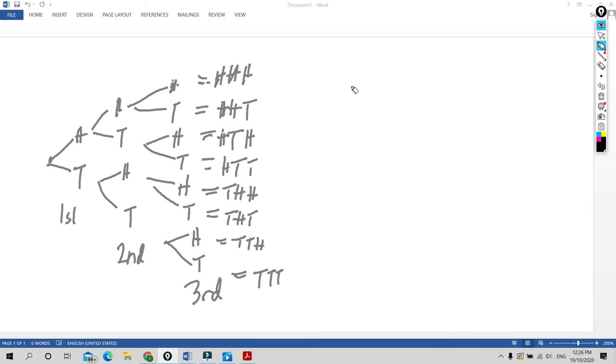So my sample space, and the element in the sample space is known as zeta.